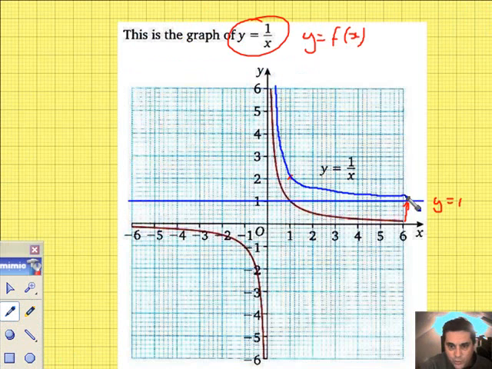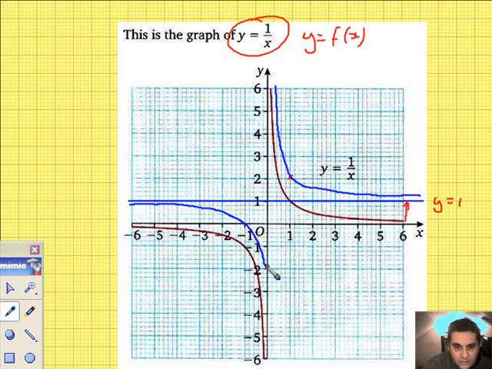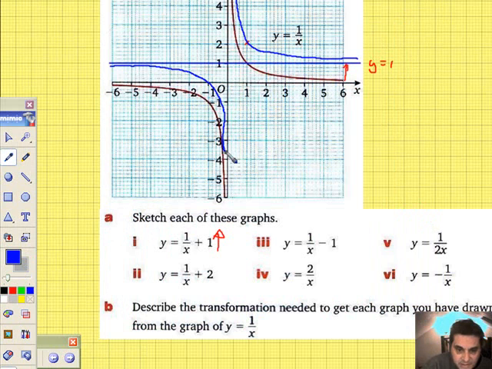It works towards touching the line y equals 1, but doesn't actually do it. And here again, the point (-6, 0) is not exactly (-6, 0), obviously, because this part of the branch will tend towards touching the x-axis in the negative direction, but it's going to be raised 1 unit, so try and get as close as we can, and something like that.